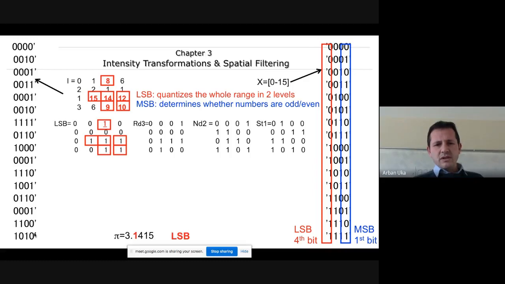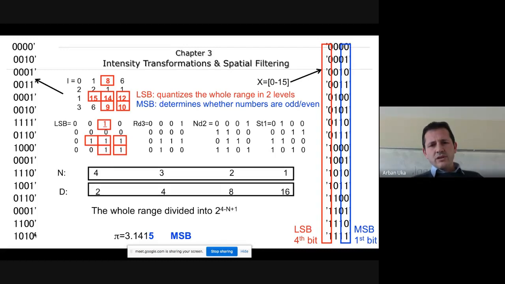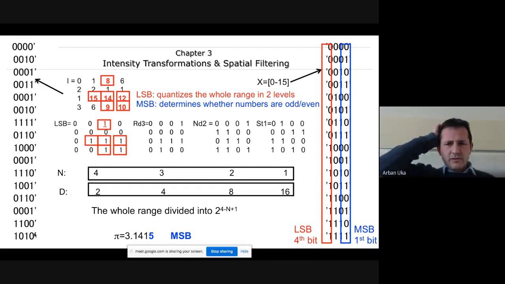Now imagine that in 3.1415, the least significant bit is the 1, in the 3.14. The most significant is the 5 in blue. And now the whole range that we're dealing with can be divided in 2 to the power 4 minus n plus 1. Now n, in this case, 4, we use 4 because it's a 4-bit image, this one that we have in this slide. Minus n represents the bit that we are analyzing.